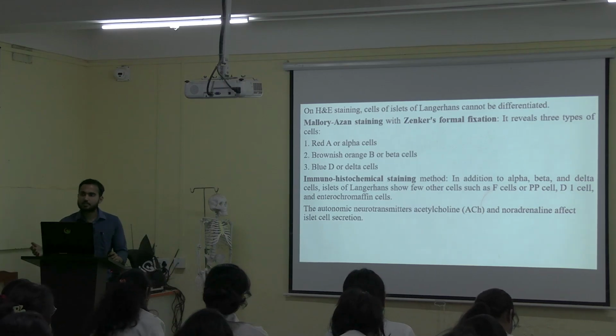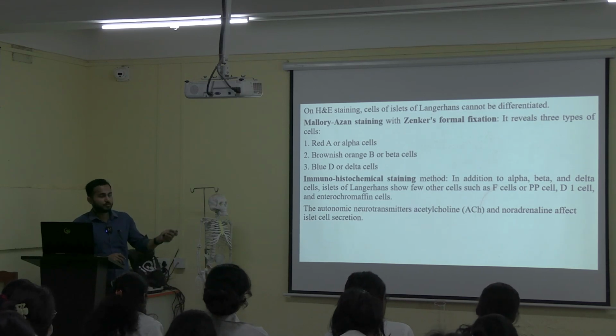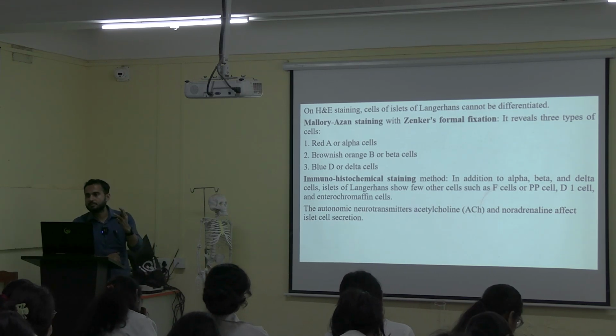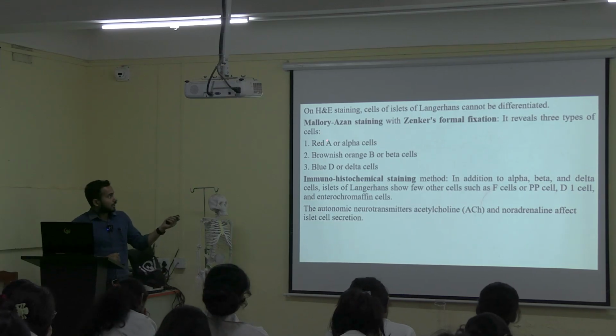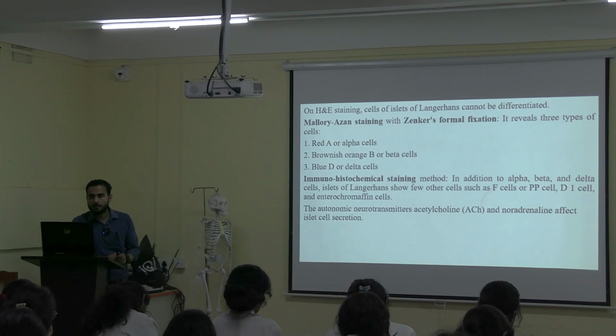For that, a special fixing method is used to fix the cells, called Zenker's formol fixation. If you do that, 3 different types of cells can be seen, also in 3 different colors. Red is for alpha cells, brownish is for beta cells, and blue is for delta cells. That is Mallory-Azan staining.